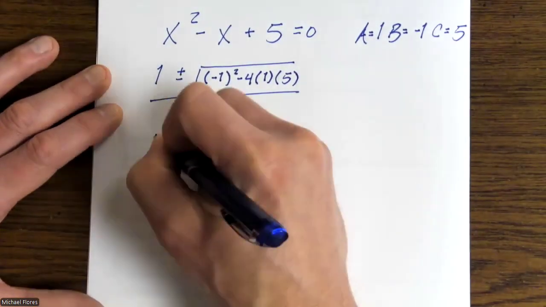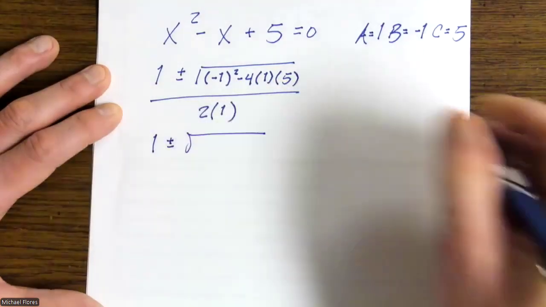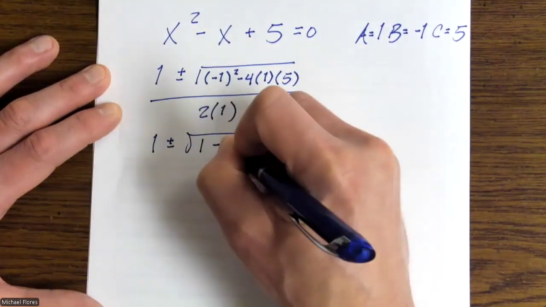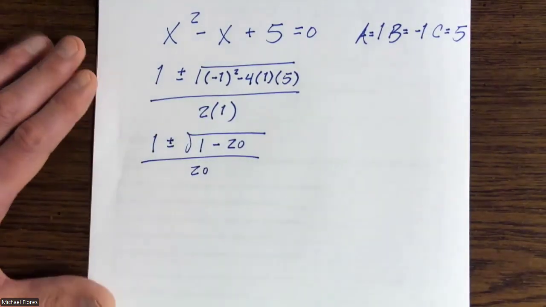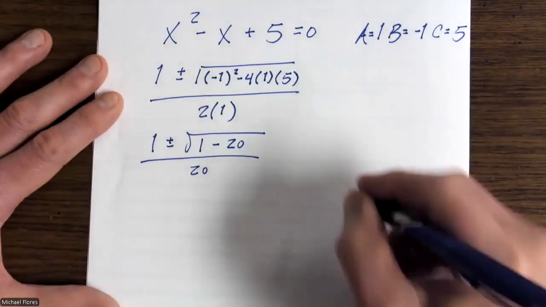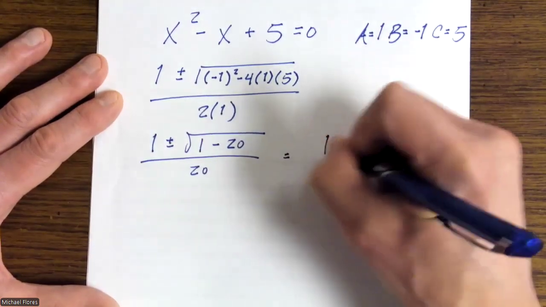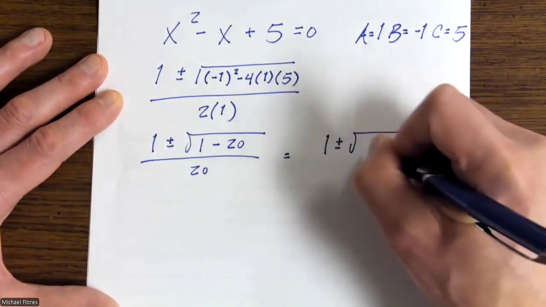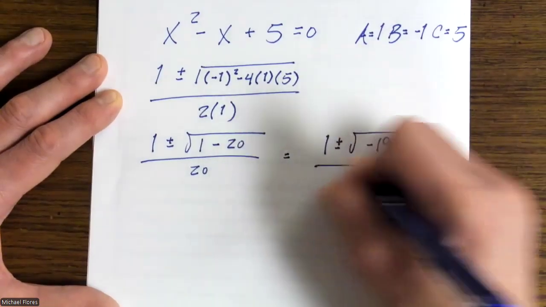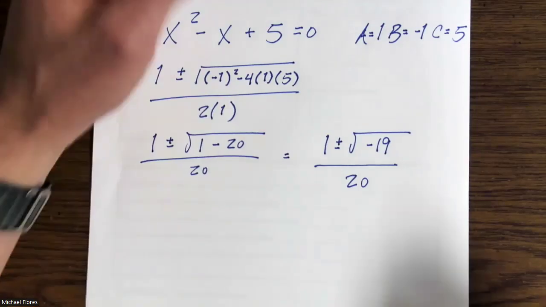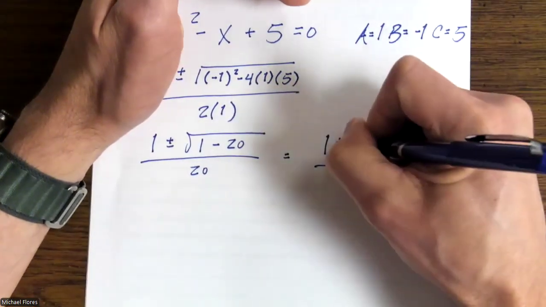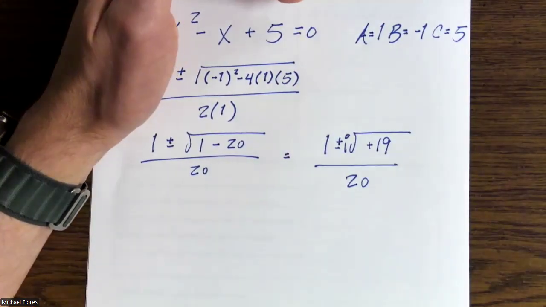I want to simplify inside that square root. We can simplify just a little bit more. And then the last thing that we can do to simplify is I'm going to change that to positive, and I'm going to put an i right in front of the root.